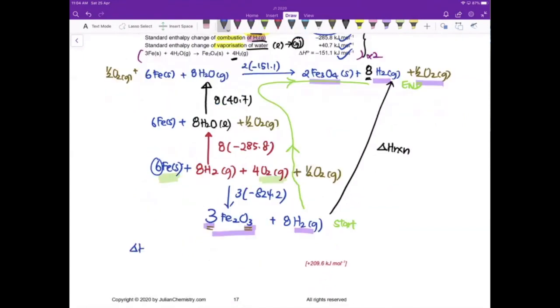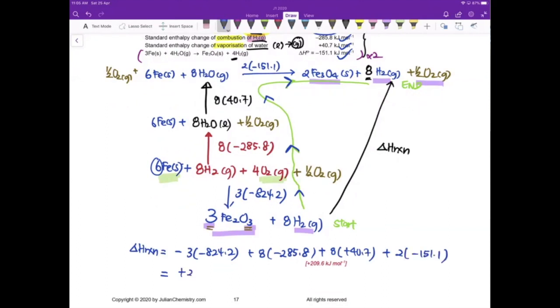The delta H of the reaction is equal to, so reverse, so minus 3 times negative 824.2, plus 8 times negative 285.8, plus 8 times positive 40.7, plus 2 times negative 151.1. All right, so therefore this is equal to positive 290.6 kilojoules per mole.